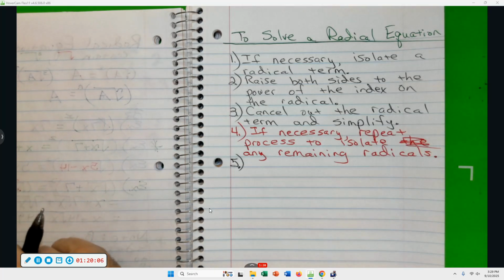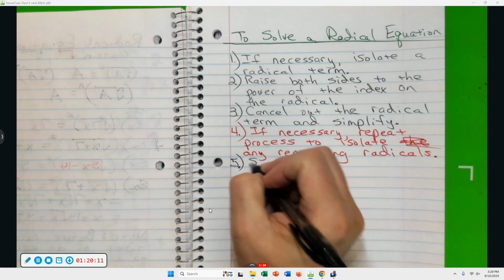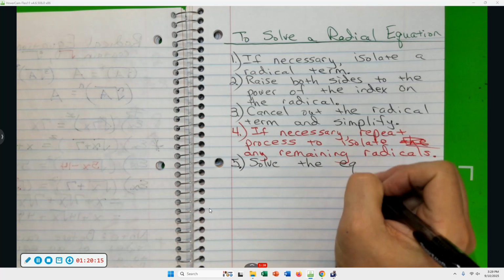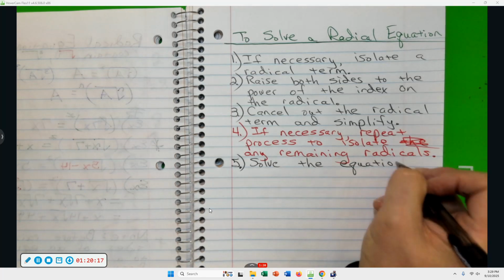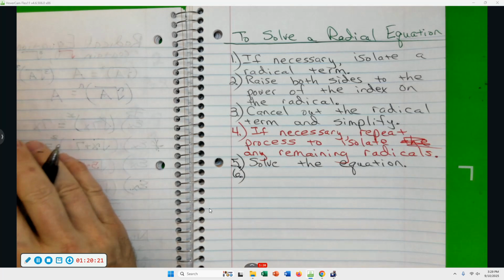Not the fifth and final step. I guess there's two more. We have to solve the equation. And here's the problem. Sixth step.